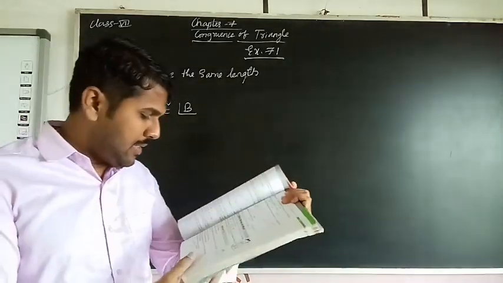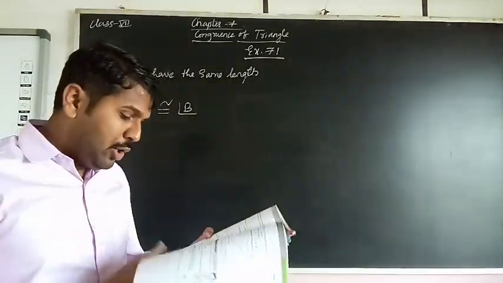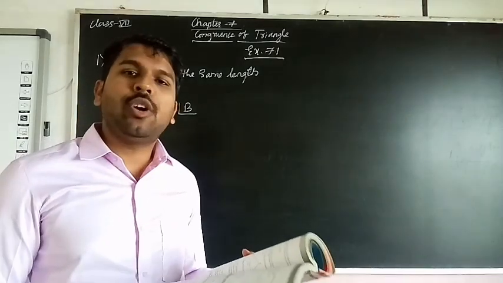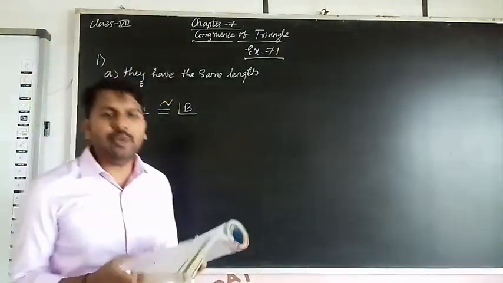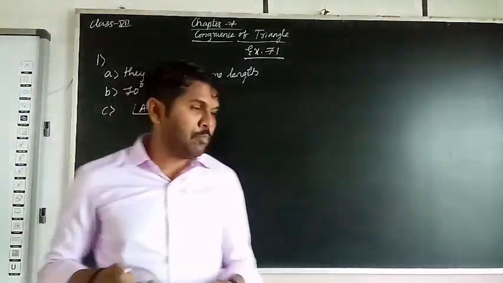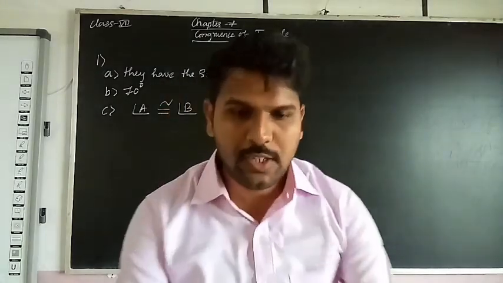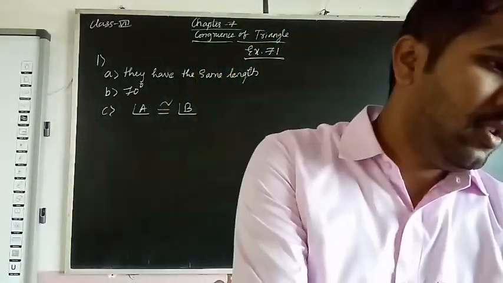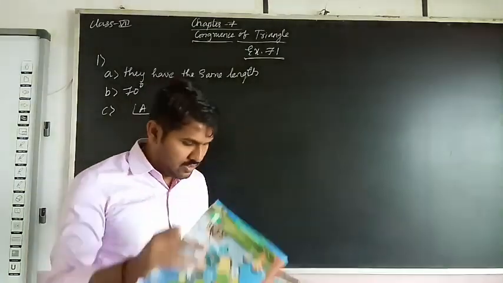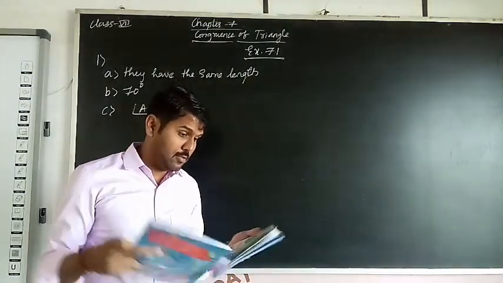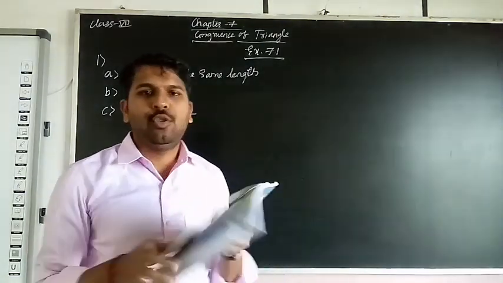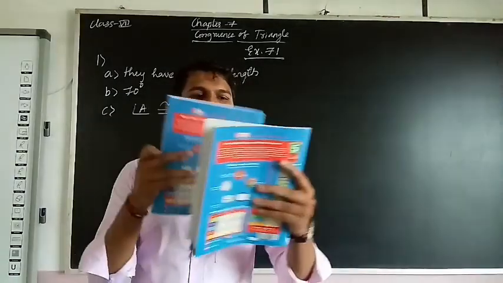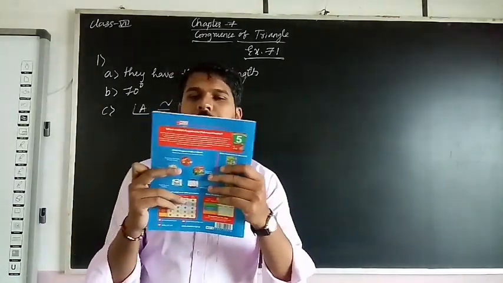Next, the second question: give any two real life examples for congruent shapes. I will take two books here. If you overlap them, they cover each other exactly.